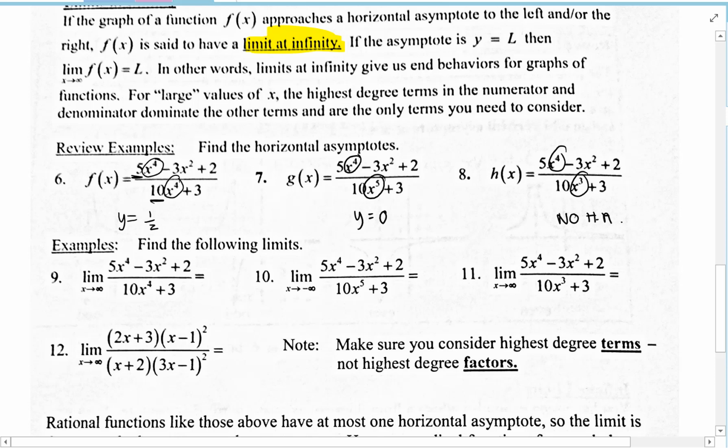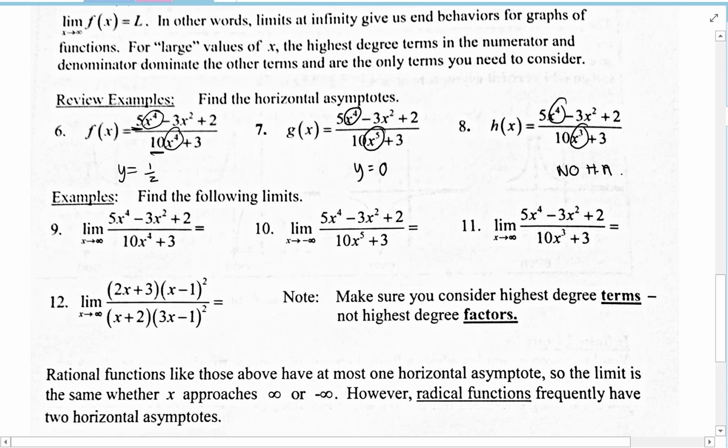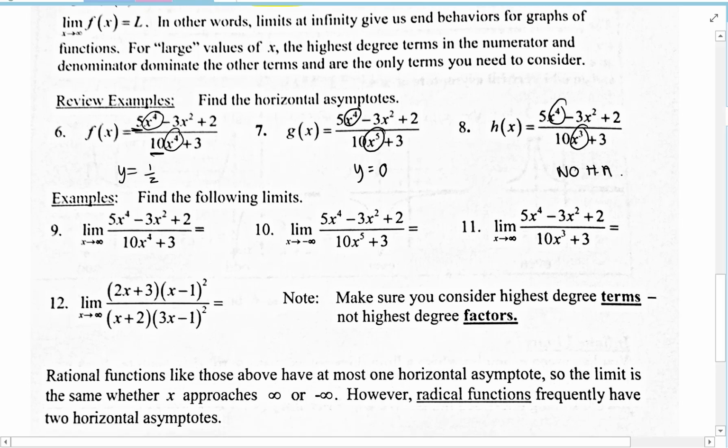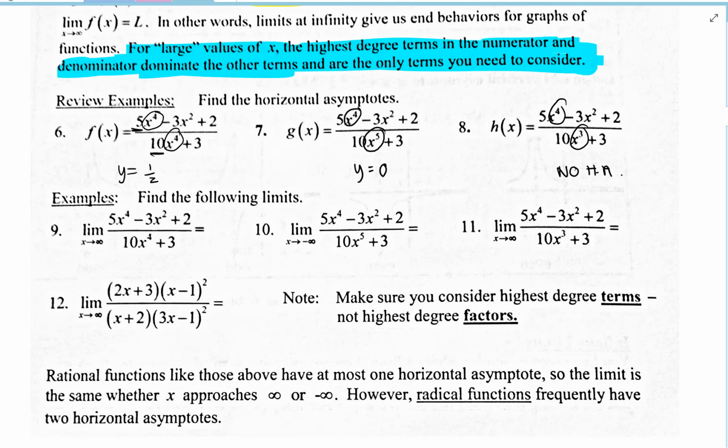So in order to find the following limits, remember that for larger values of x, such as infinity, we only care about the terms with the highest degree, okay? The other terms just become so trivial.